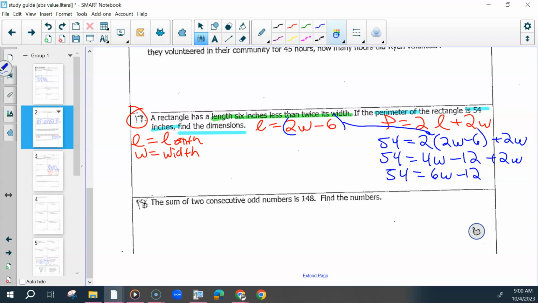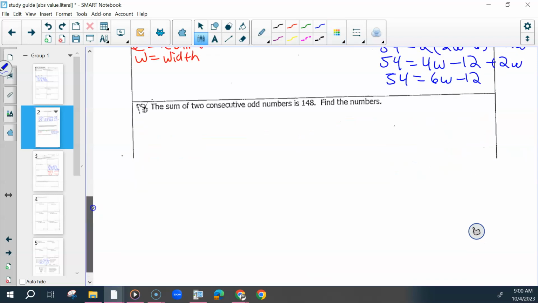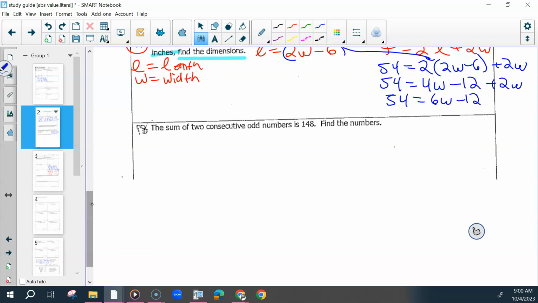Get W by itself by adding 12. And divide both sides by 6.